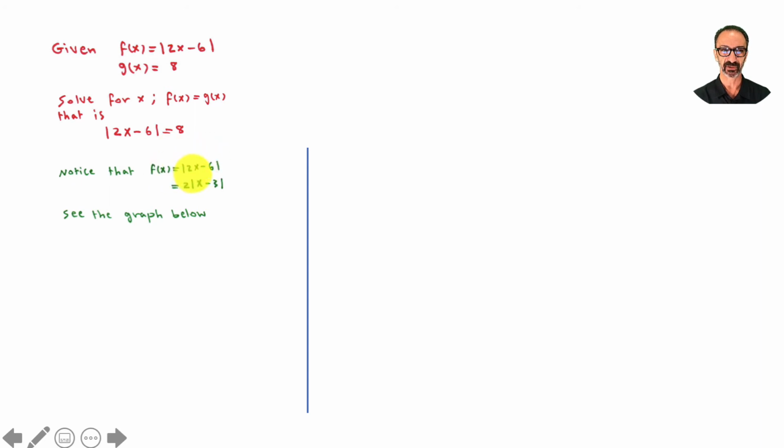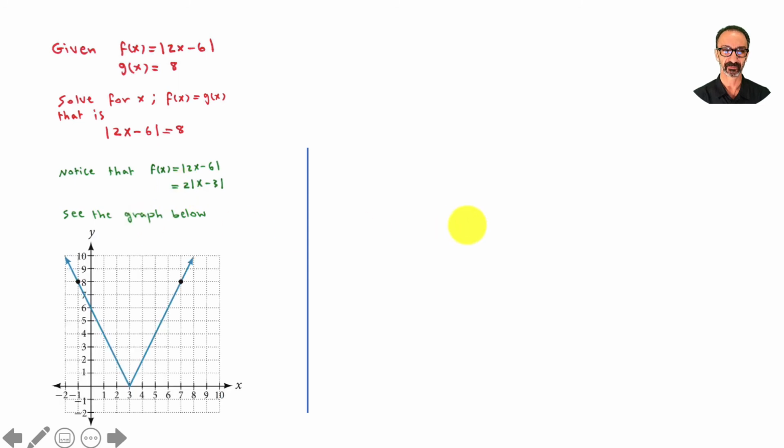Notice that f of x equals absolute value of 2x minus 6, but if you take 2 out as a common factor, it is an absolute value function shifted right 3 units, stretched vertically by a factor of 2. Look at the graph.